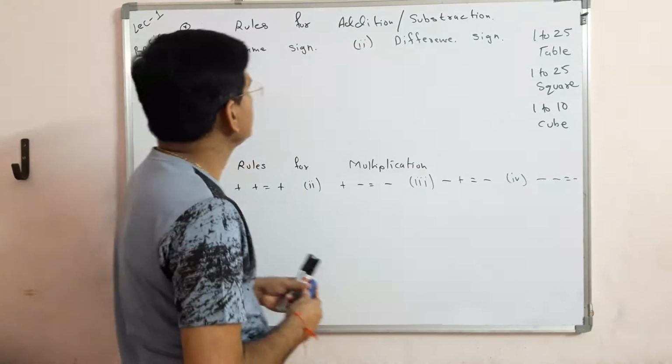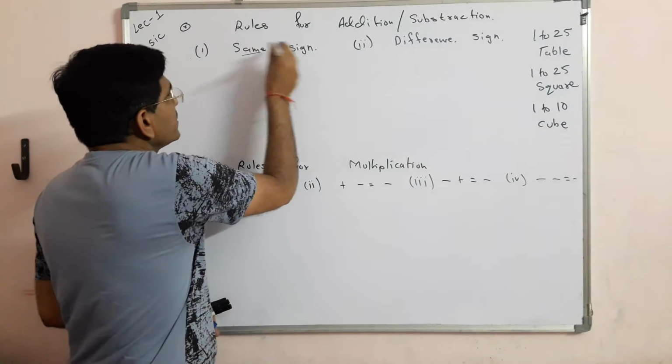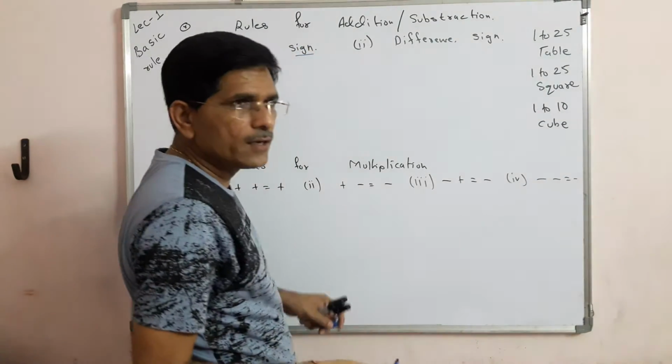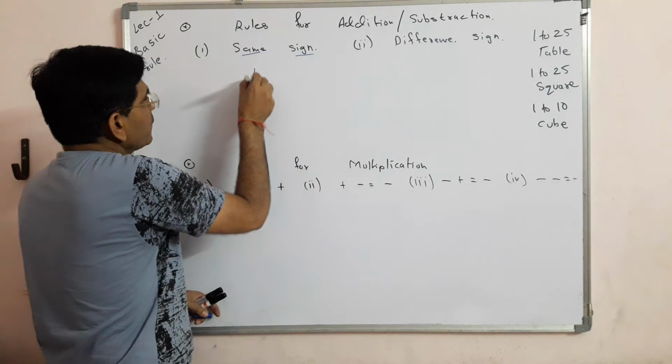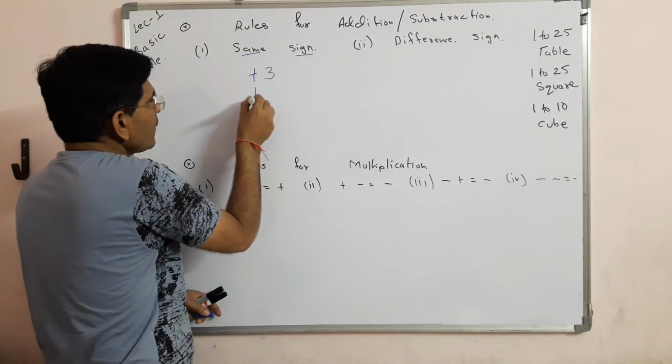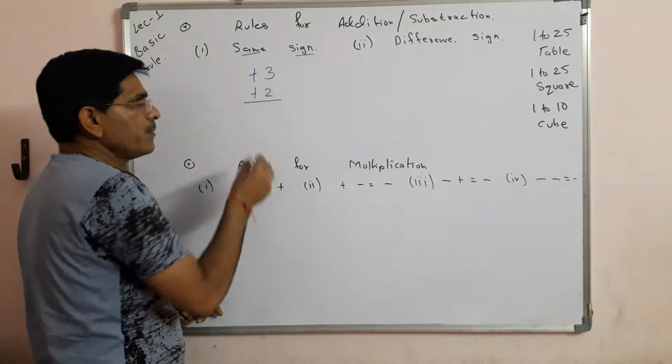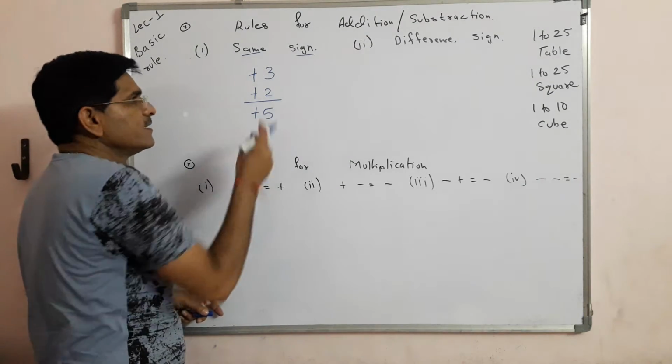So what have we learned? First of all we are discussing the same sign. If I write plus 3 and plus 2, you know it is too easy.